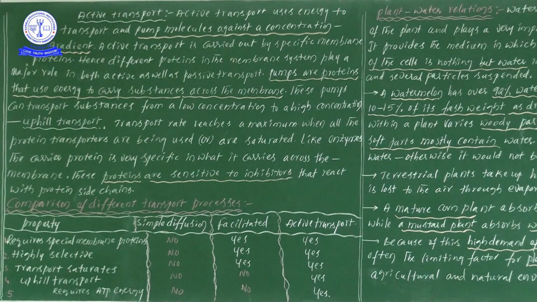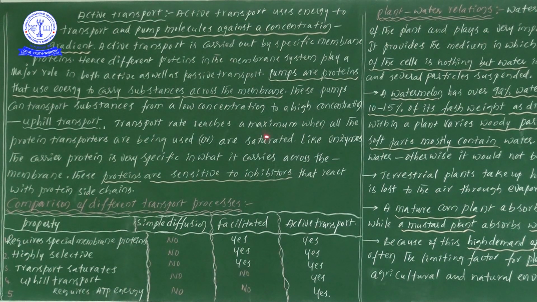That we will not consider as saturation. Do you get the point? For example, out of 10 membrane proteins, just 2 are involved in the transport of substances from one place to another. At that time we cannot say the transport is at maximum.